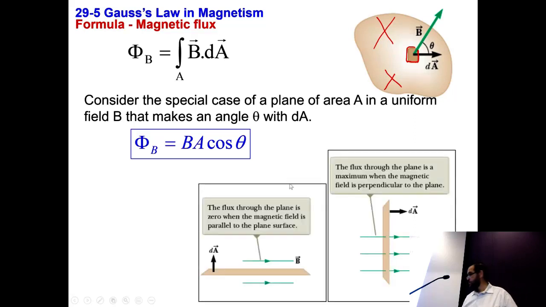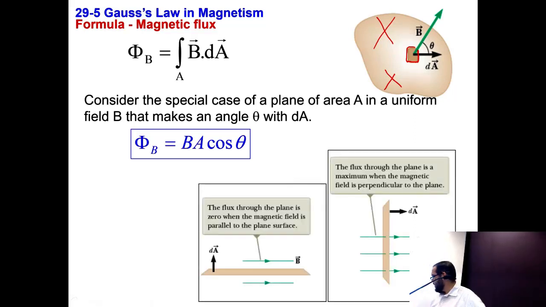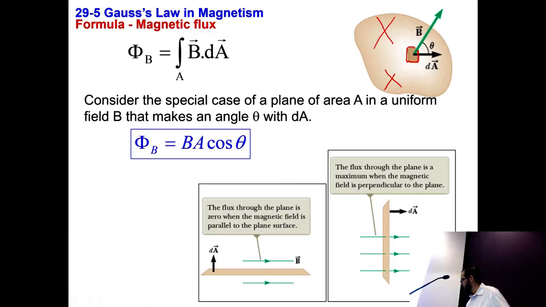Now, here is a special situation. We have B and dA. What is the flux in this case? 0, because B and dA are perpendicular. Cosine of 90 degrees is 0, so the flux is 0. How about here? B and dA are parallel. What is the flux in this case? BA, because cosine 0 is 1.